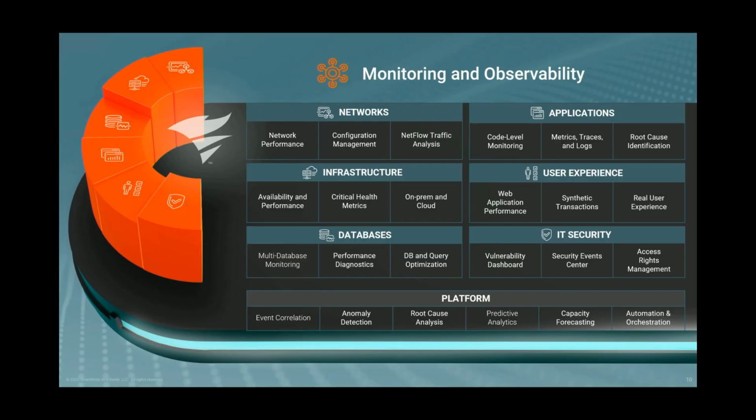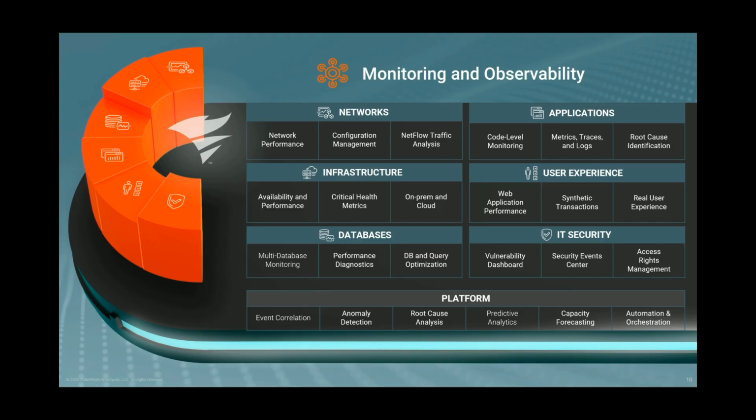So these are all the different pieces of monitoring and observability that we're really hitting nowadays. Most of these you recognize from the old days of a la carte modules, but now we're really tying it all together. We're seeing that classic network and application piece that we've had forever, and the infrastructure piece. But we've also moved into synthetic transactions for the user experiences.